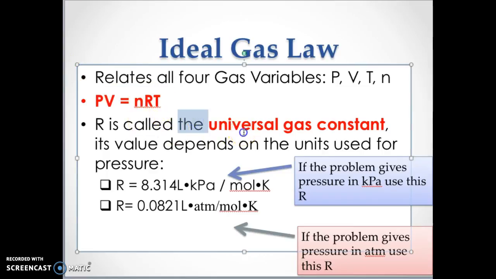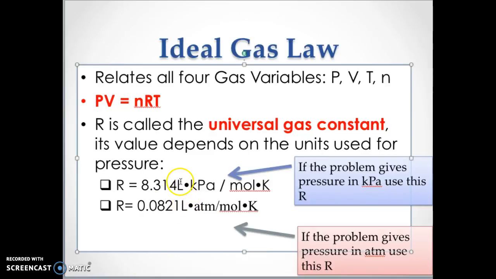R is a constant, and the value of R depends on the units. So you might see 4 different R's, you just have to choose the correct one. If we look at these 2 R's that I gave you, one says 8.314, the other one says 0.0821.